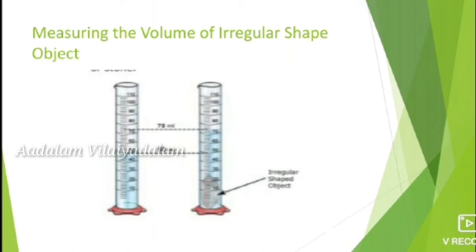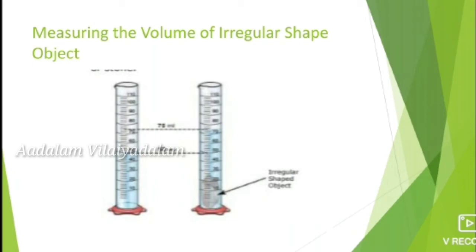Now mark the water level, like 75 ml. So we find the volume of the irregular object, that is the stone, by final volume minus initial volume. That is 75 minus 50, we will get 25 ml. So this is the volume of the irregular object.